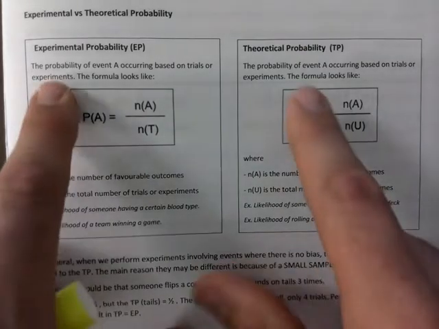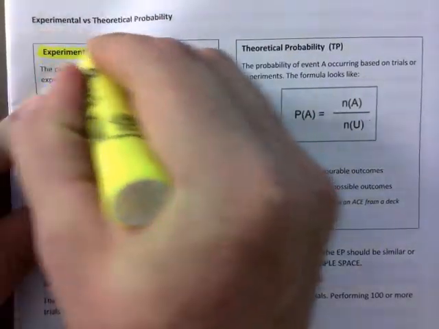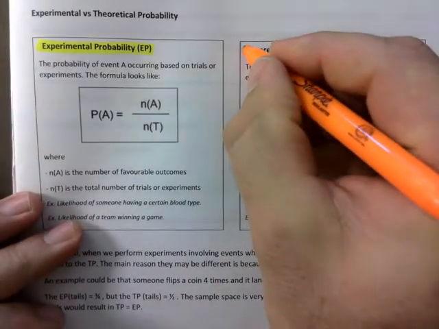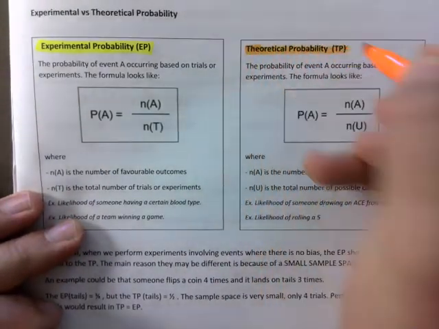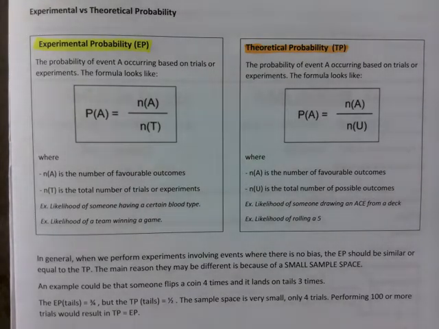Do you remember talking about experimental probability versus theoretical probability? Anybody? What's the biggest difference between experimental and theoretical probability? One is what actually happens after you perform tests, and theoretical is what should happen.